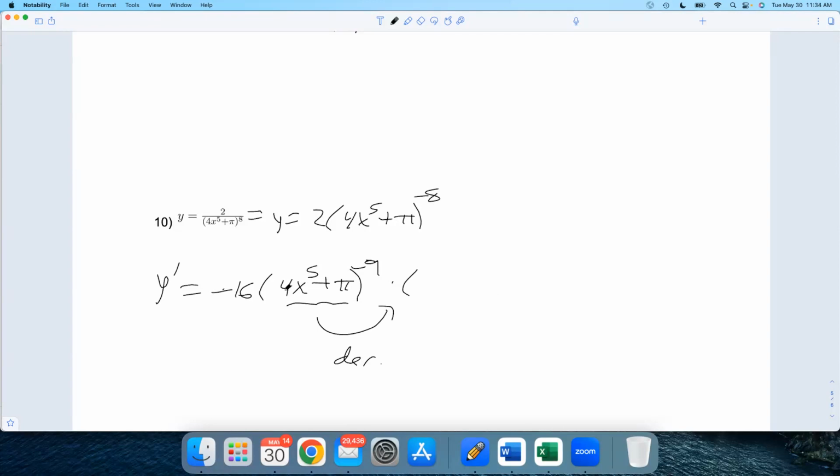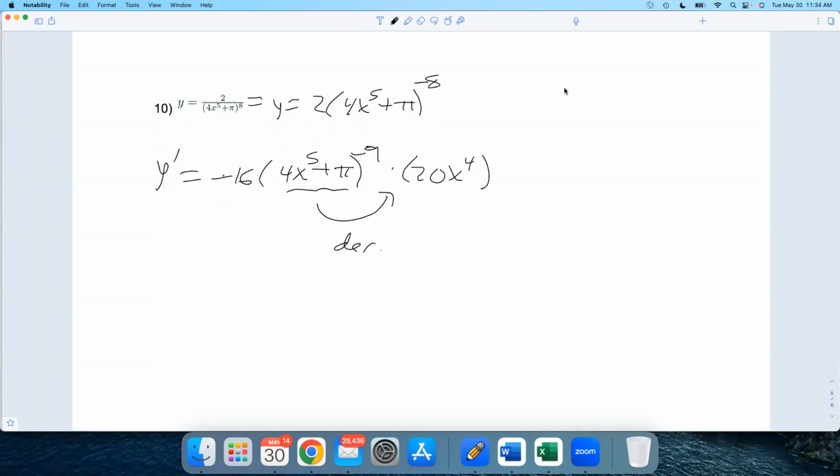Derivative of 4x to the 5th is 20x to the 4th, and then here students get confused. Pi is just a number. The derivative of any constant is 0. I mean, I could put plus 0 here if I want, but then it's just cluttering it up. It's not necessary. We're done. That's it. Okay, that's a good place to stop on this one.